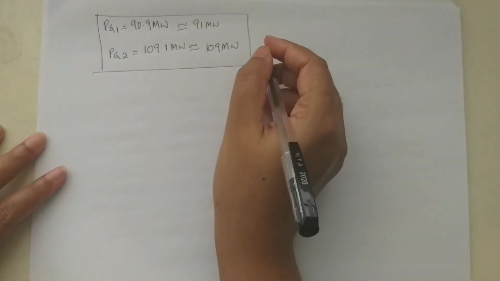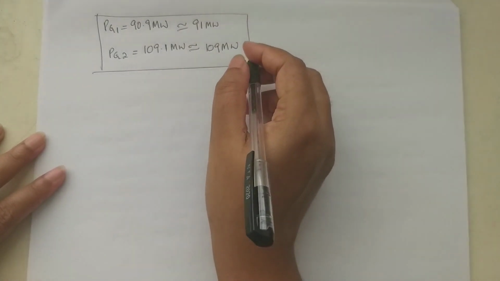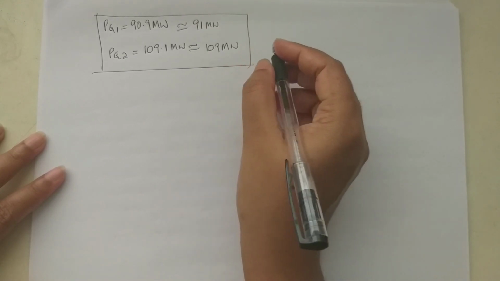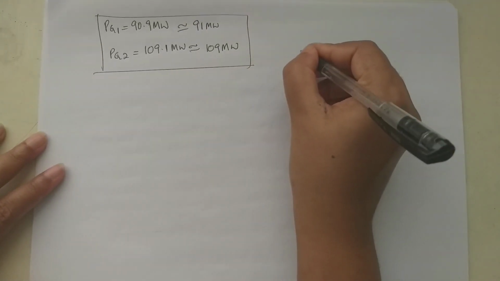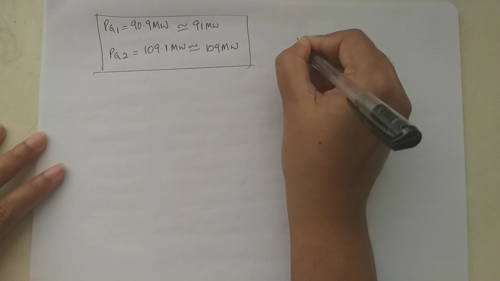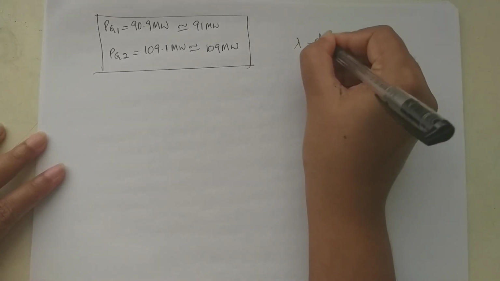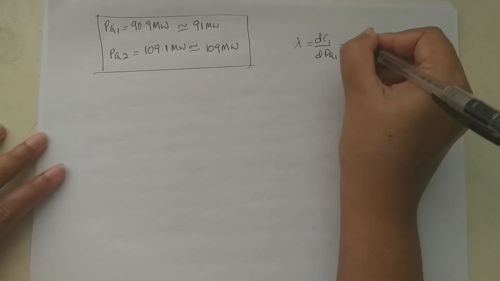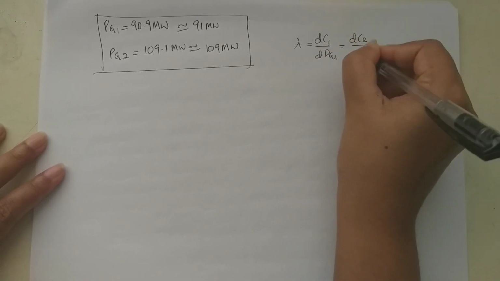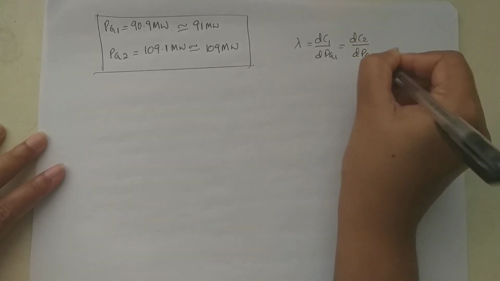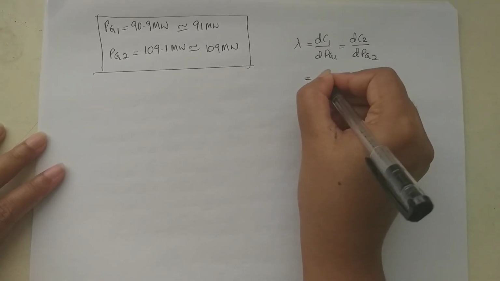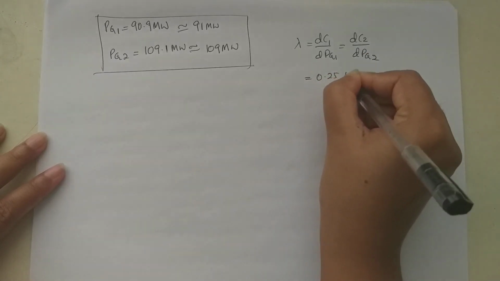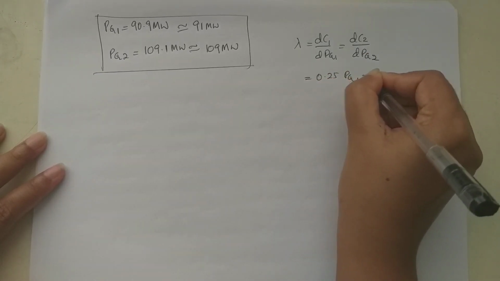Next, first question only, what is the corresponding value of the plant incremental cost? The plant incremental cost is given by lambda, which is equal to dC1 divided by dPg1, or also equal to dC2 divided by dPg2. Take any one equation. We have dC1 divided by dPg1 equal to 0.25 Pg1 plus 40.